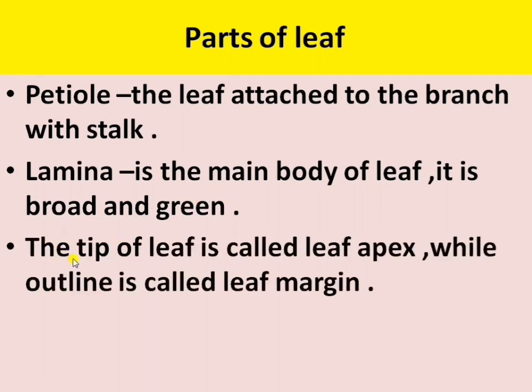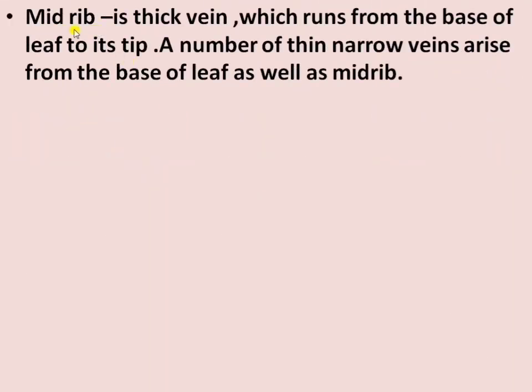Then the leaf margin. The tip of the leaf is called the leaf apex, while the outline is called the leaf margin. Next part of the leaf is the midrib. Midrib is the thick vein which runs from the base of the leaf to its tip.